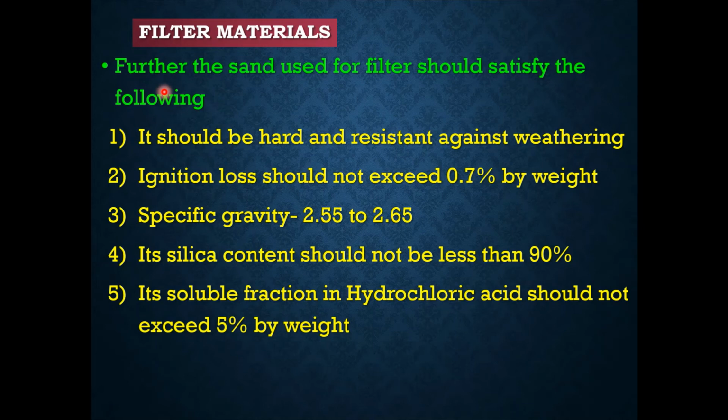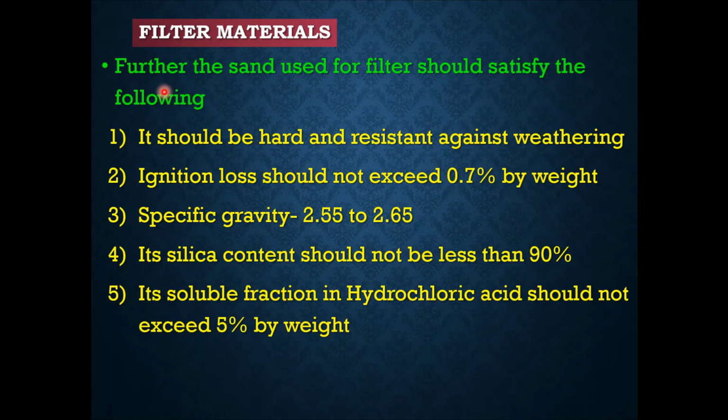The common, universally used filter media for the purification of raw water is sand. And the sand used as filter media should satisfy the following things. First, it should be hard and resistant against weathering action.